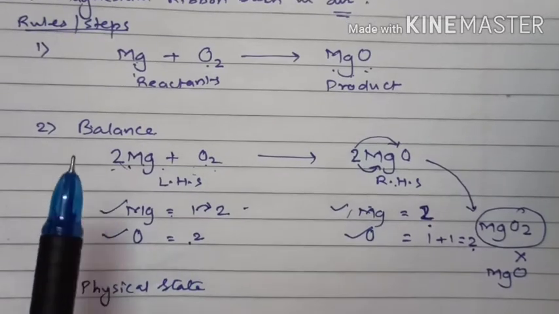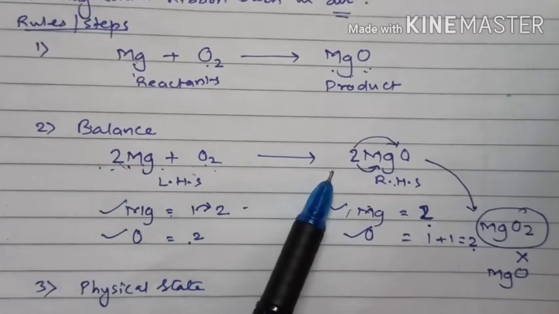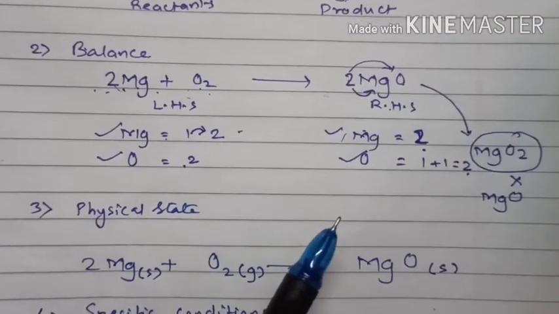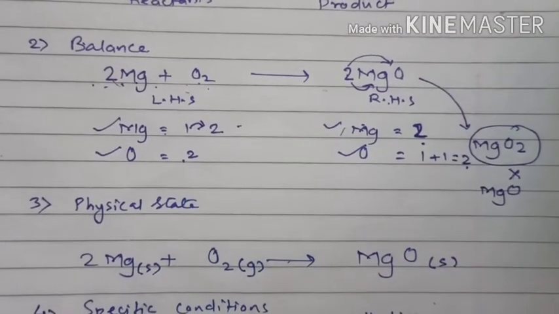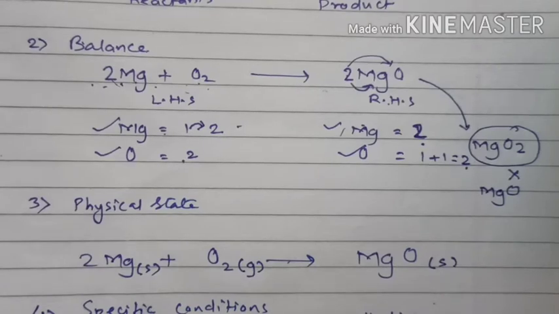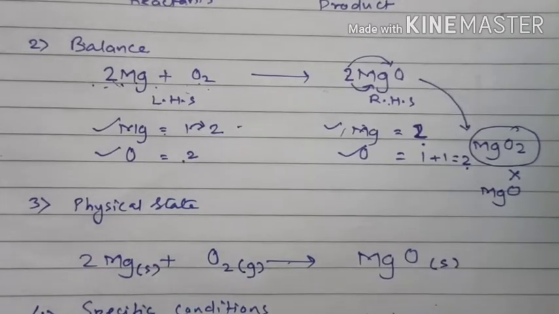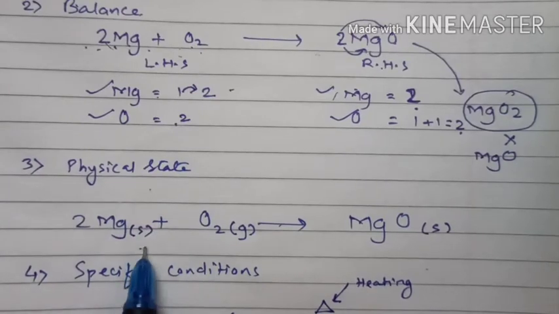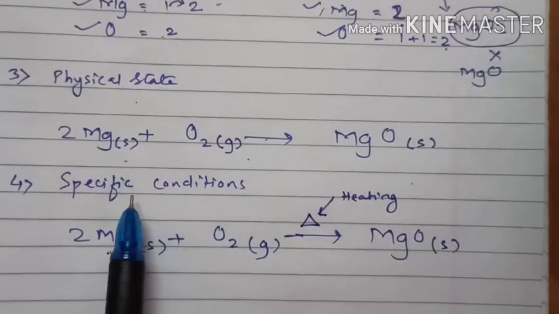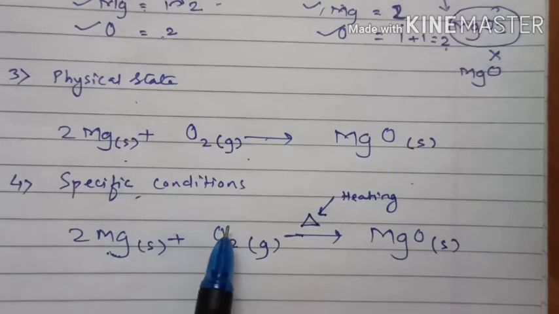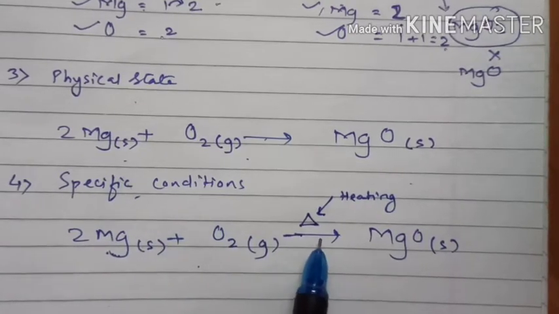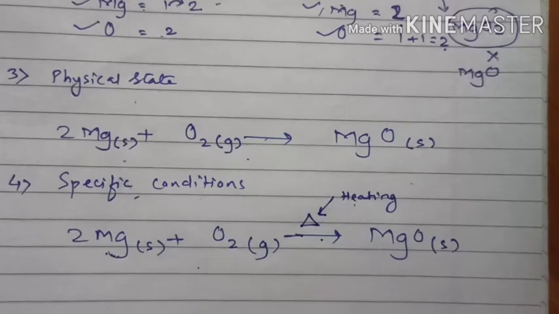Second, balance the chemical equation by the hit and trial method, by prefixing the digits over there. Next, write the physical state of the elements. Next, specify the specific conditions that are met during this chemical reaction. In our chemical reaction, heating is the condition.